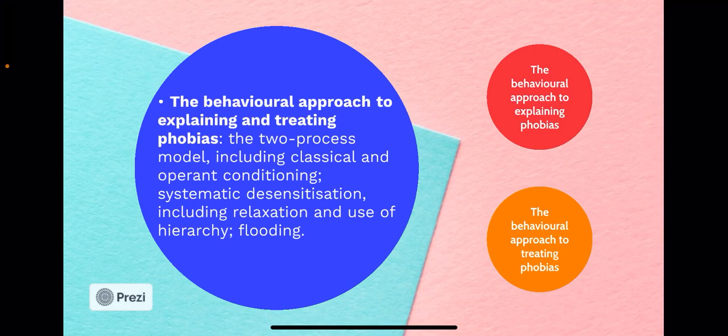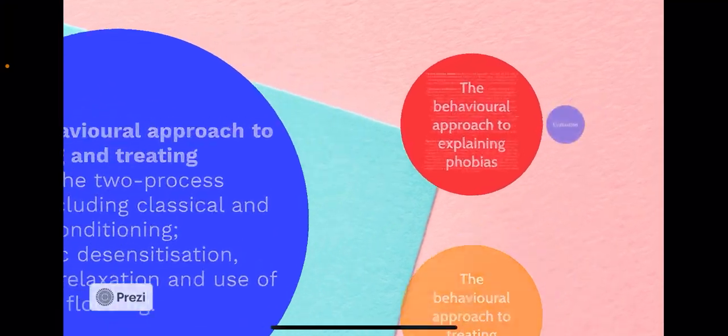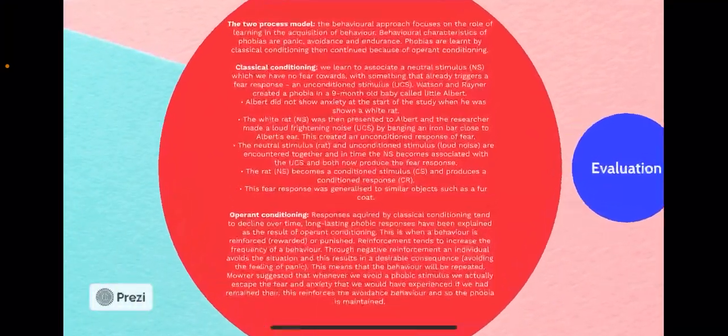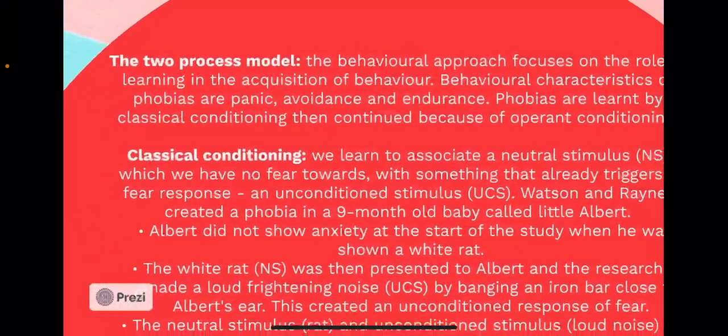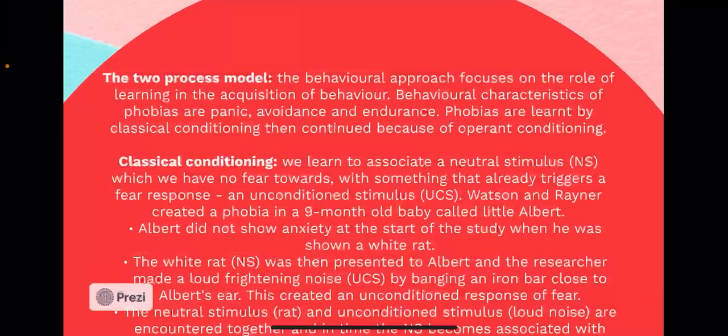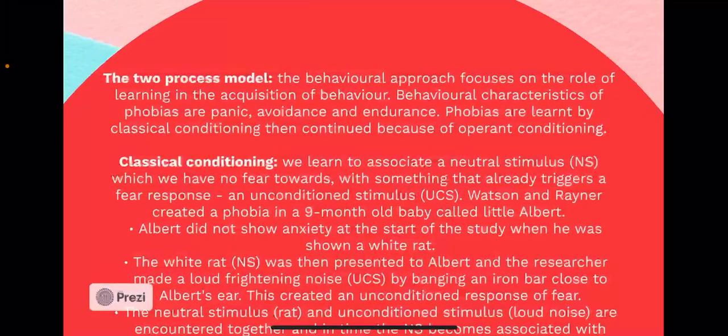We'll start with the behavioural approach to explaining phobias. So this is quite lengthy. So we'll start with the two-process model. The behavioural approach focuses on the role of learning and the acquisition of behaviour.